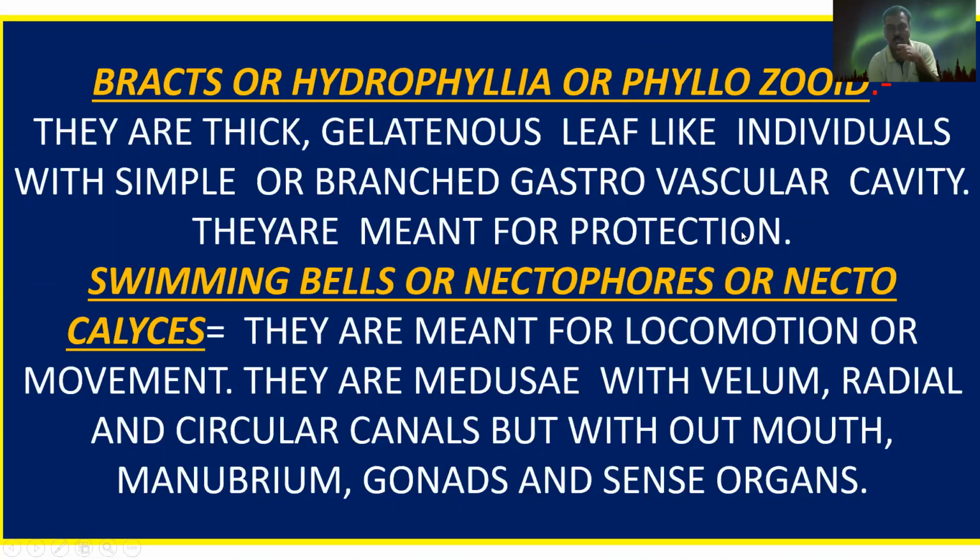They are meant for protection, or offense and defense of the system. Swimming bells are nectophores or nectocalyces. They are meant for locomotion or movement. They are medusae with velum, radial canals, and circular canals, but without mouth, manubrium, gonads, and sense organs.